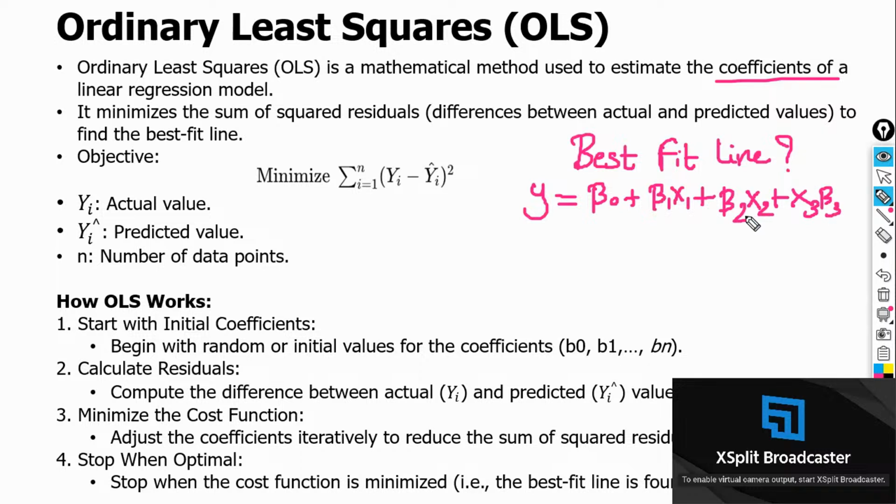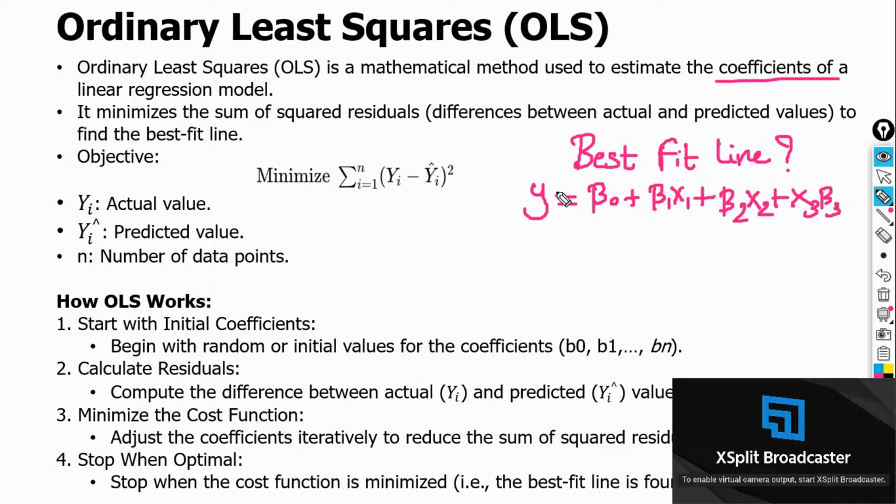So how many independent variables do we have? 1, 2, 3: x1, x2, x3. With respect to coefficients, we have 4. Beta naught is the y-intercept. Beta 1, beta 2, beta 3 are the coefficients of the independent variables respectively. And y represents the dependent variable or output.